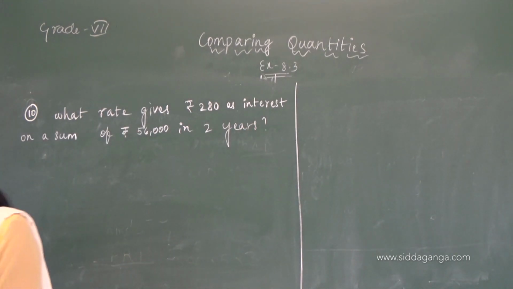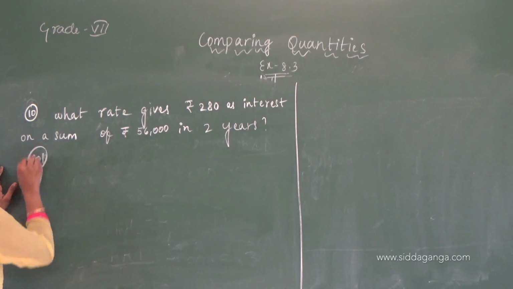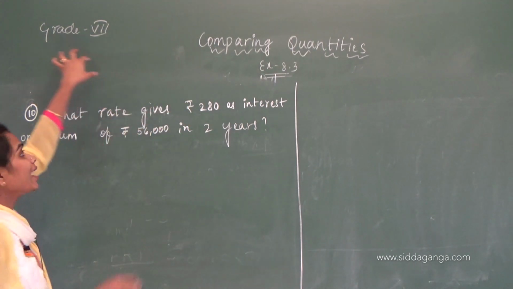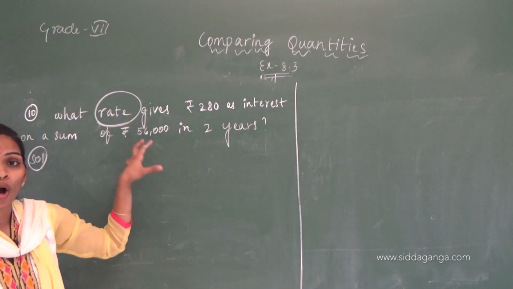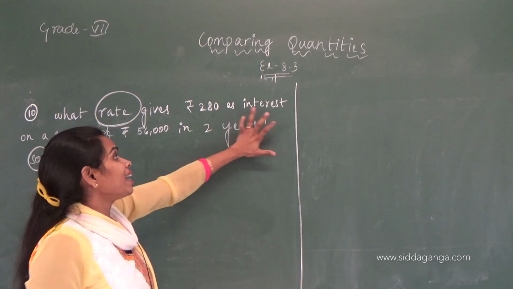In 2 years. What are they giving? What rate gives? We now have to find the rate. It gives rupees 280 as simple interest.